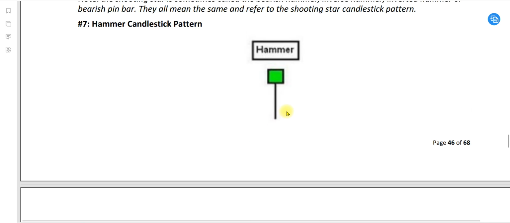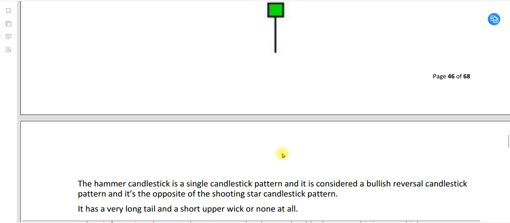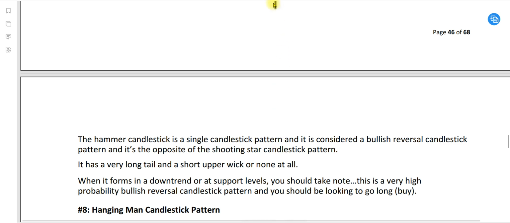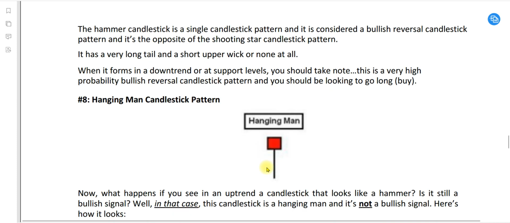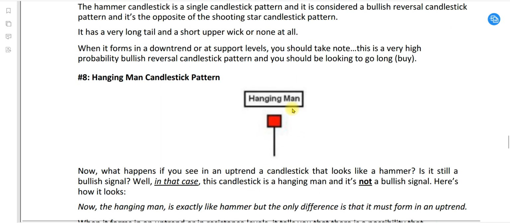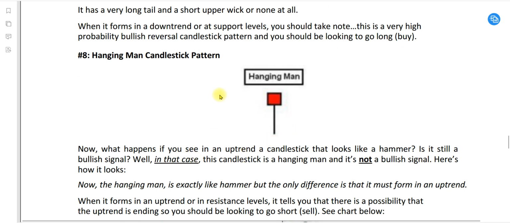Then something similar to this hammer. We said we'll be looking for this hammer at the support zone, but you can find something like this at the resistance. When you find this same kind of picture at the resistance, we call it the hanging man. So what happens if you see in an uptrend a candlestick that looks like a hammer, just like I said earlier? Is it still a bullish signal? No, it is not.